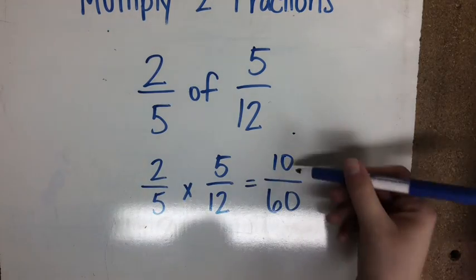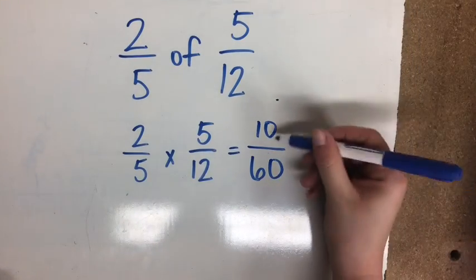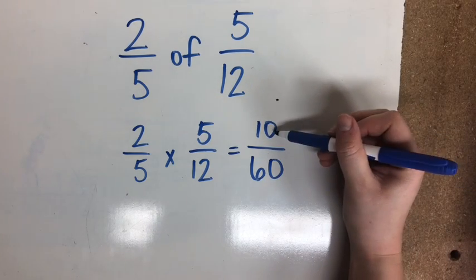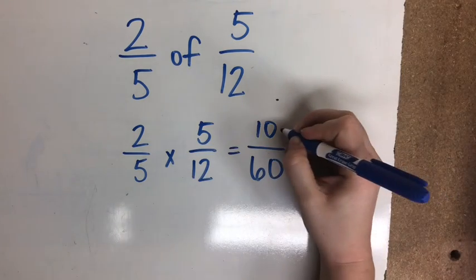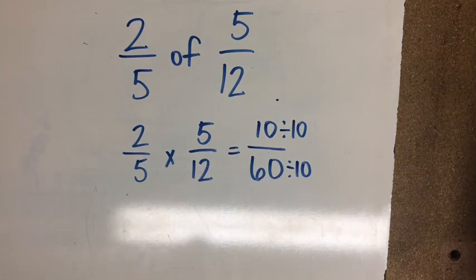So I have 10/60ths. Okay, but 10/60ths is definitely a fraction that I can simplify. For instance, I noticed that both of them are multiples of 10, right? If you count by tens, you get 10, 20, 30, 40, 50, 60. They're multiples of 10, which means you can divide 10 out of both the top and the bottom.